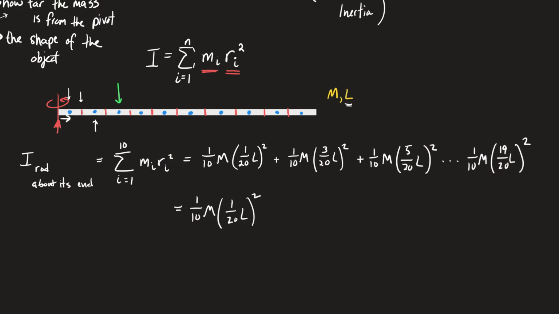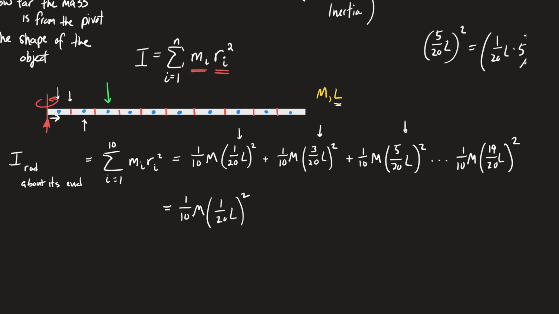If I take out 1/20th from L here, I'll just get 1 squared. If I take out 1/20th here, I'll just have the 3 left, so that'll be 3 squared. If I take out the 1/20th here, I'll have the 5 left. That'll be 5 squared. Do you guys see that okay? Some of you don't, so I'll consider this for a minute. 5/20th L squared is also 1/20th L times 5 squared, right?